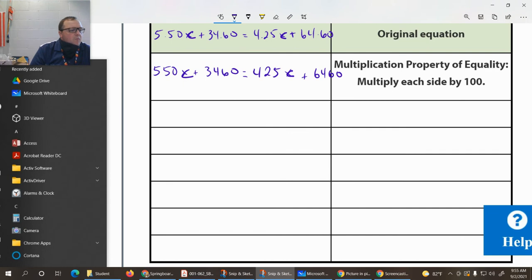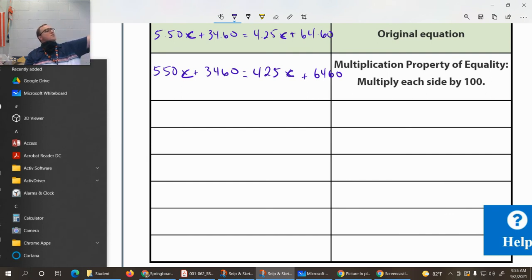Okay? What would be my next step? Remember, my rule of thumb for isolating the variable is I need to get the variable to one side of the equation.